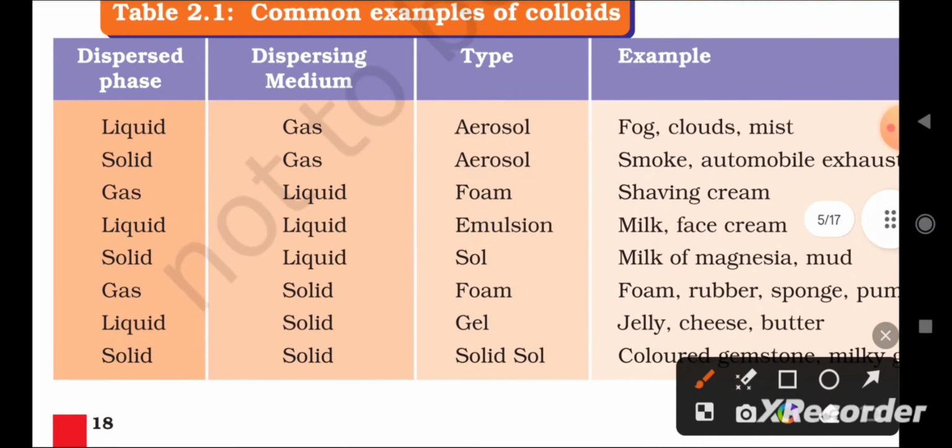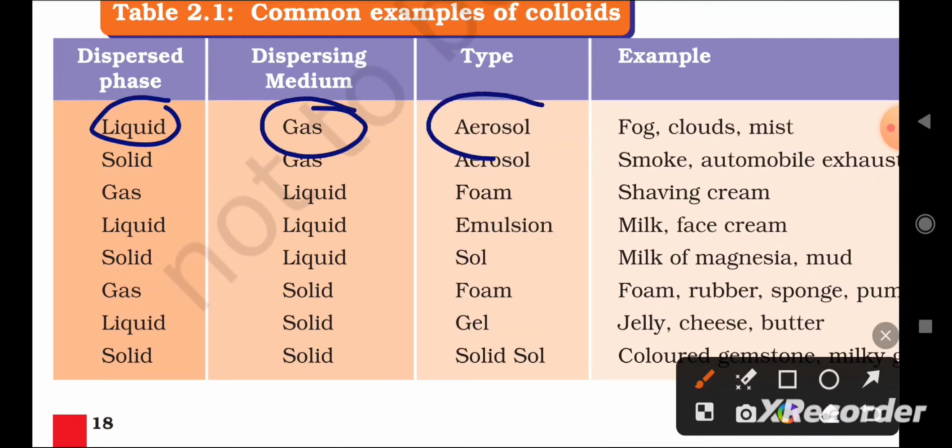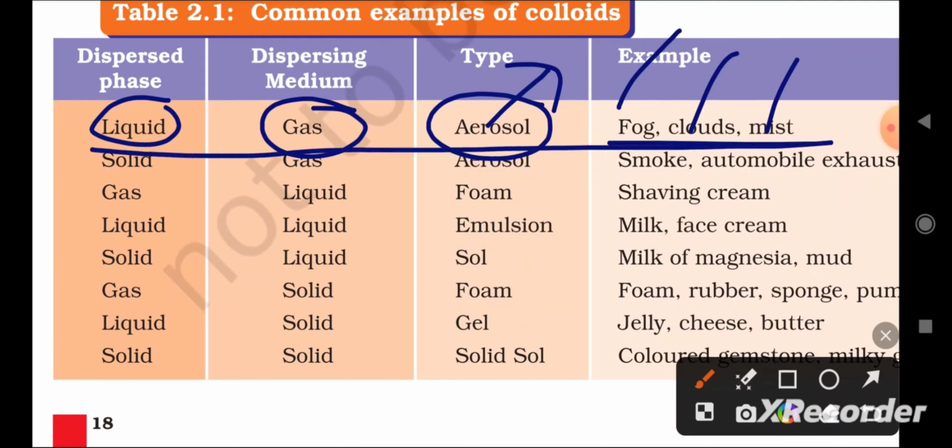So the first one is: liquid is the dispersed phase and the dispersed medium is gas. This type of solution is called an aerosol. It contains fog, clouds, and mist, meaning moisture.